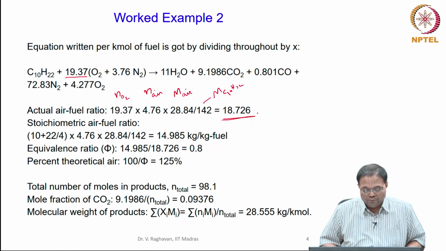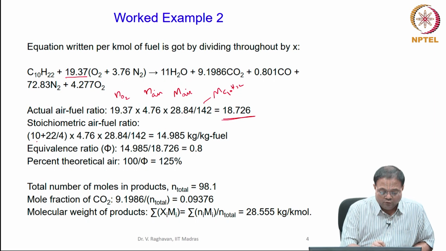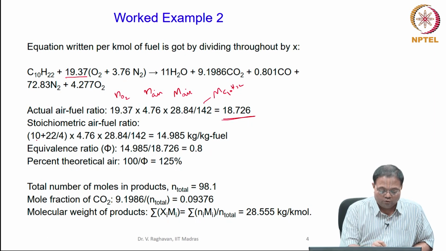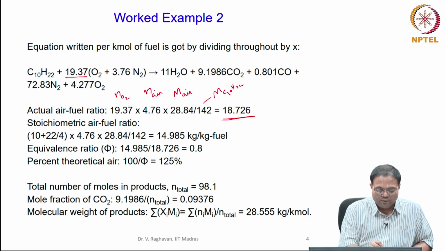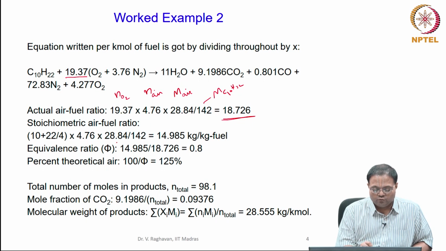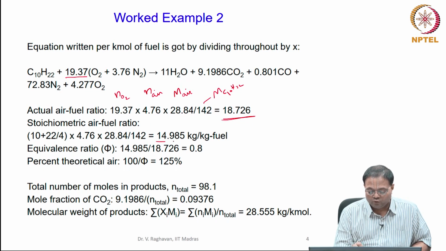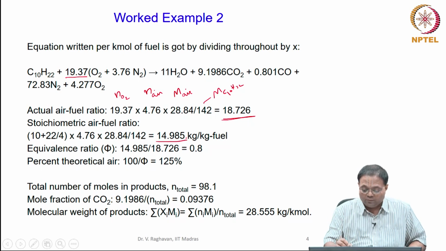So actually the stoichiometric air fuel ratio is, so you know A is x plus y by 4. So x equal to 10, y equal to 22. So A will be x plus y by 4 into 4.76 into 28.84 by 142. This will be the stoichiometric air fuel ratio, you get around 15. But you are supplying more than this.